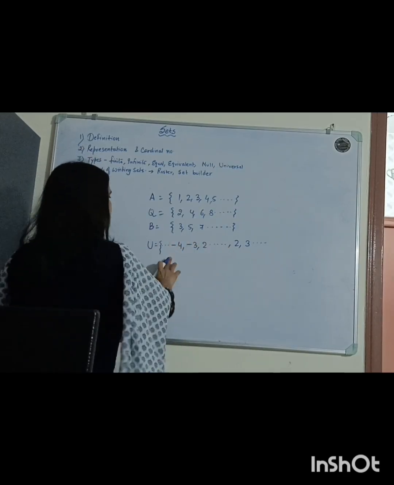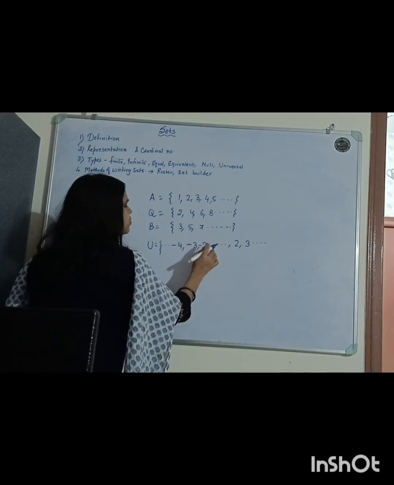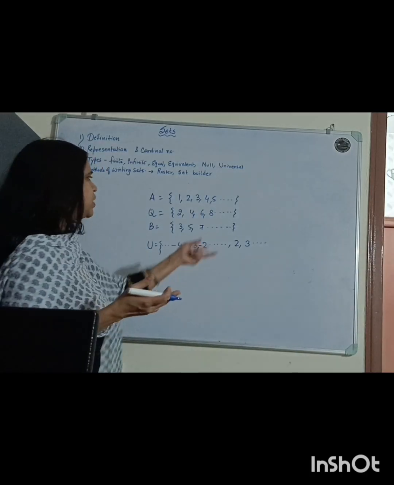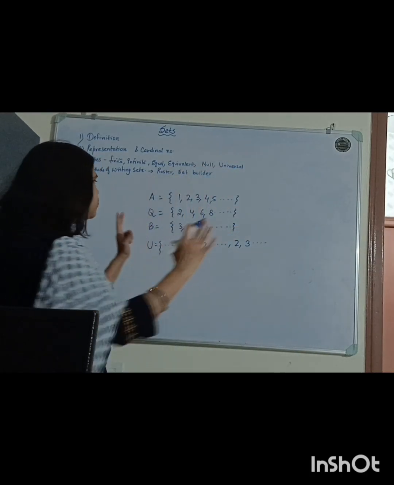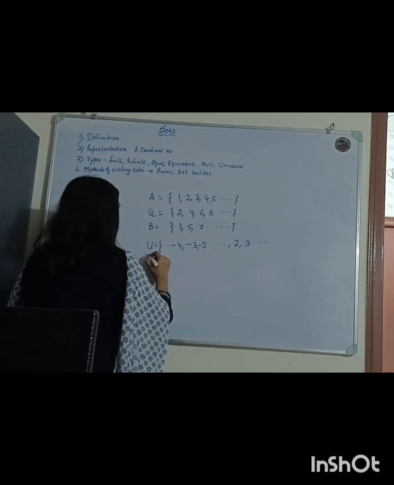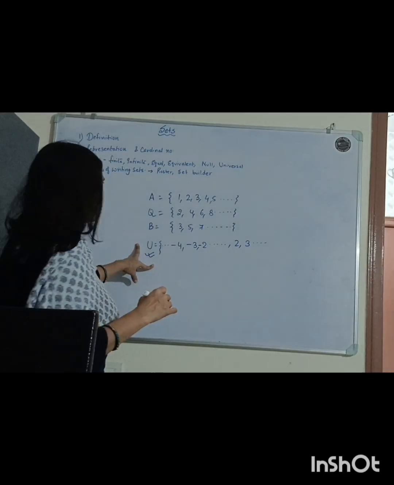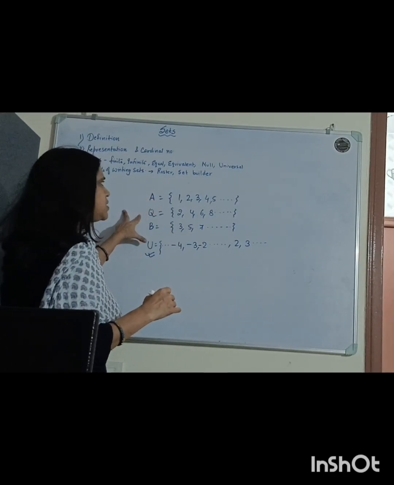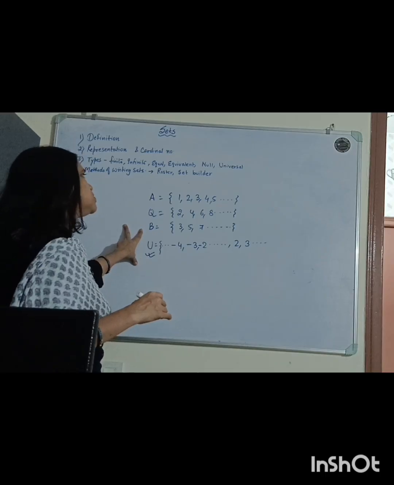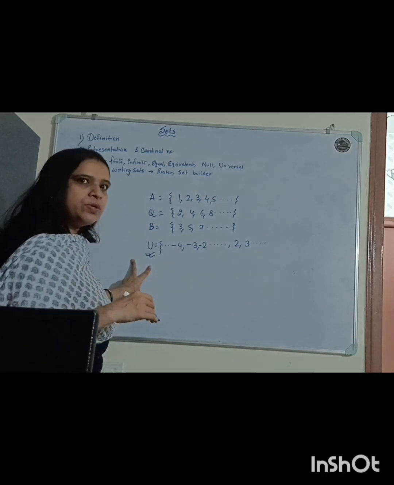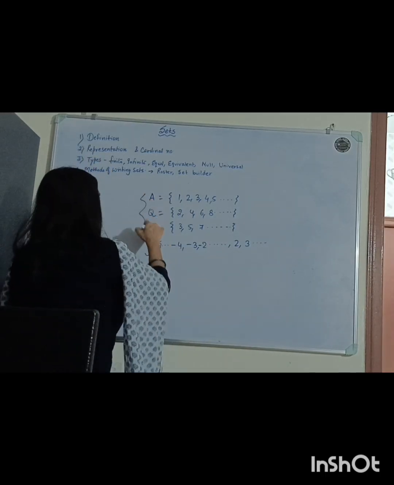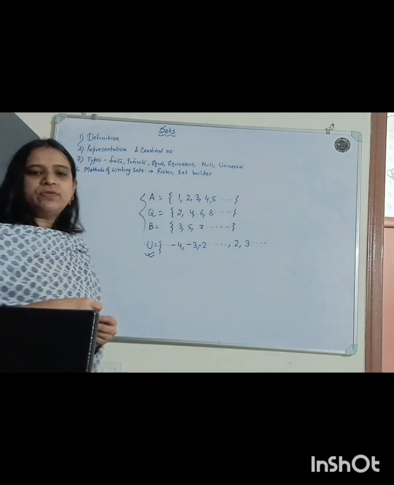All numbers will be there: -4, -3, -2, -1, 0, 1, 2, 3, endless on both sides. So you can see here this set U contains set A, set Q and set B also. That means U is the universal set for these sets. I hope it is clear what a universal set is.